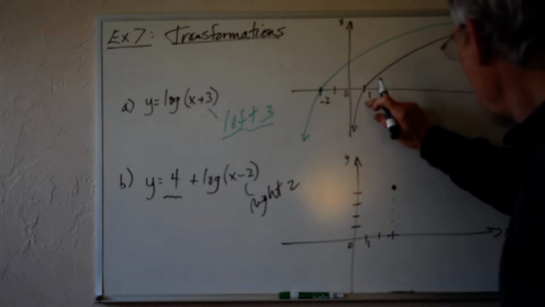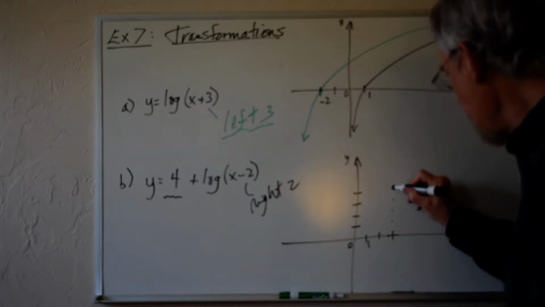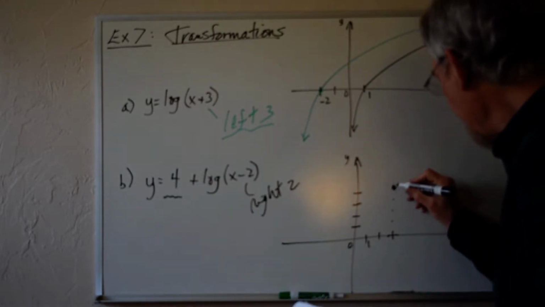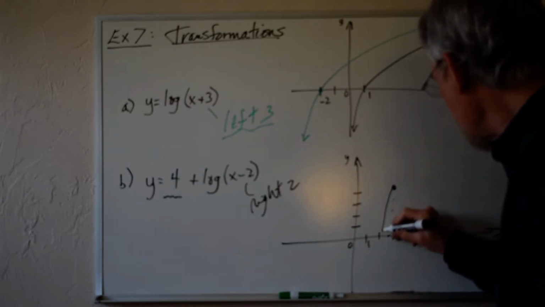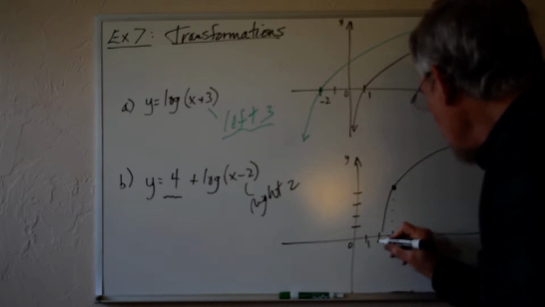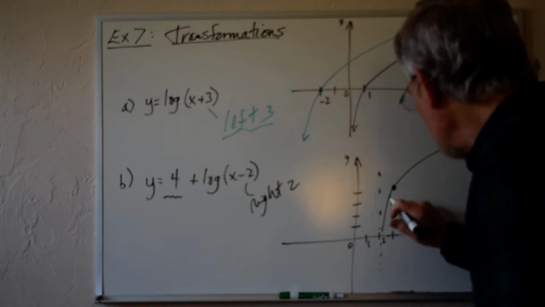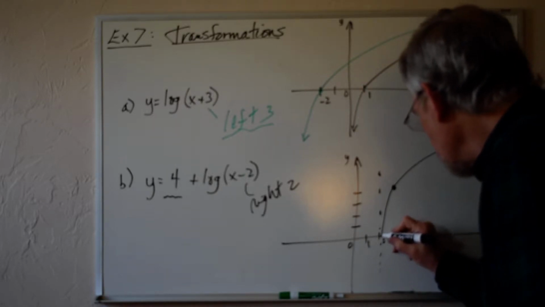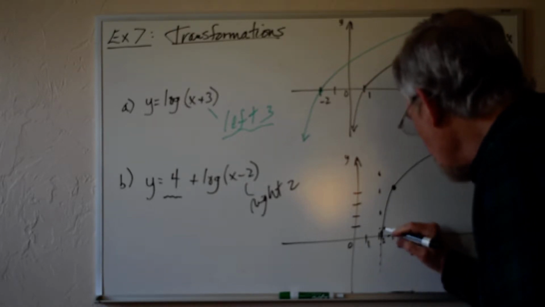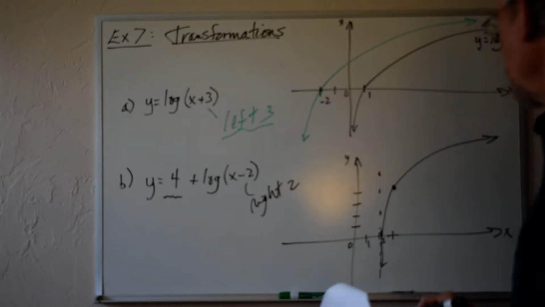So now I have that familiar curve going like that. And it will be asymptotic right here, asymptotic to the vertical line x equals 2, which it never gets to.